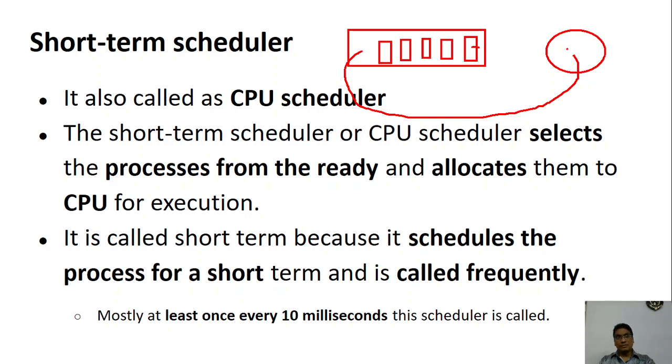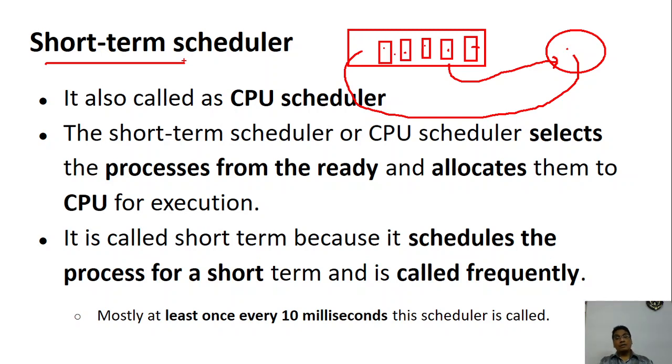Is it first come first serve, or is it this one, or this one? Which one has to be selected from the ready queue and given to the CPU? That is decided by the short-term scheduler. So the work of the short-term scheduler is to go and look into the ready queue and select one of the appropriate processes and give it to the CPU.